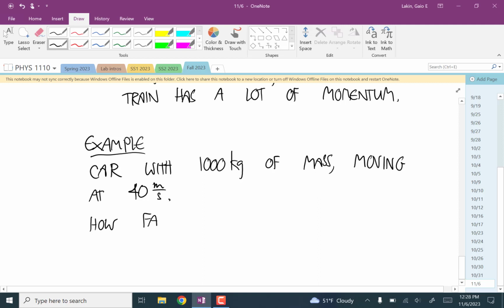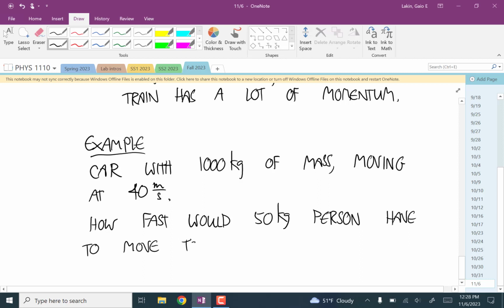How fast would a 50 kilogram person have to move to have the same magnitude of momentum?